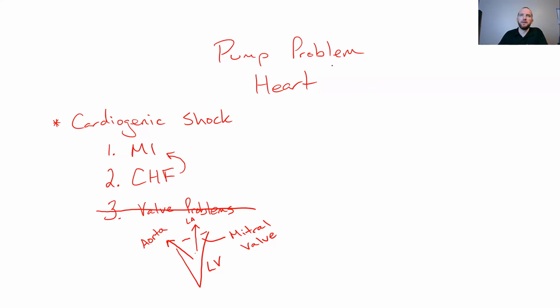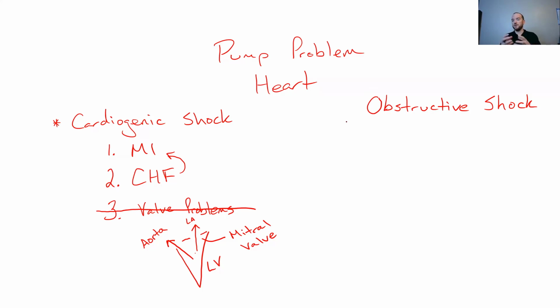Now there's another category that technically falls into this pump problem section, and that would be the obstructive shock category. There's a lot of different types of shock, and then we also have different categories of shock as well. So the obstructive shock category is saying something's blocking the heart from working properly.